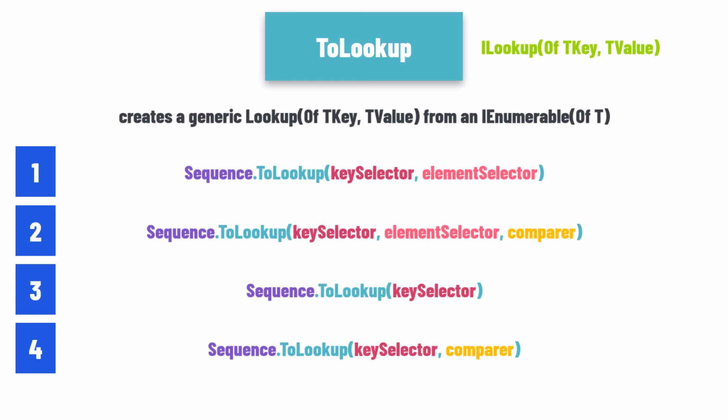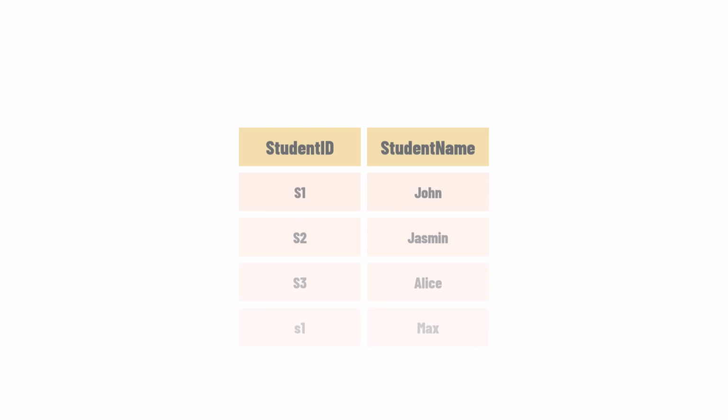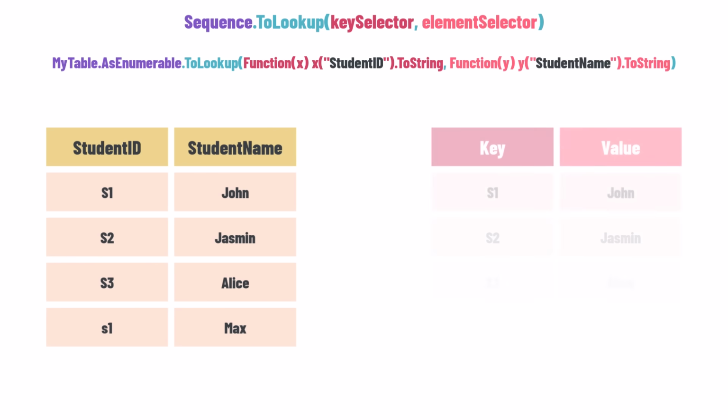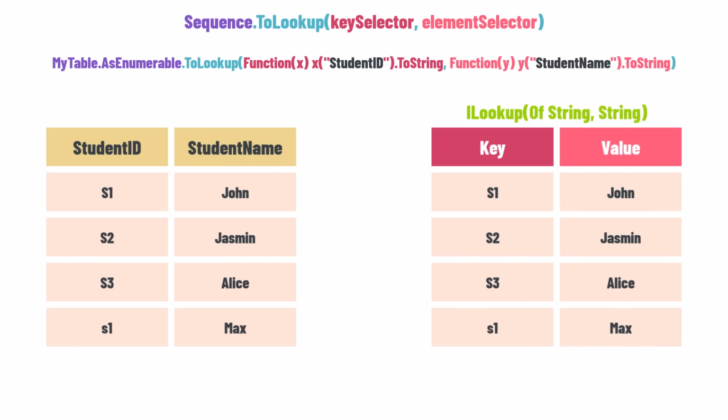Let's check some examples to understand how this method works. I have the following data table that contains two columns and different rows. Suppose I want to convert this table to a lookup, where the key is the column student ID, and the value is the column student name. I will use the first overload as follows. The result will be the following ILookup of string.